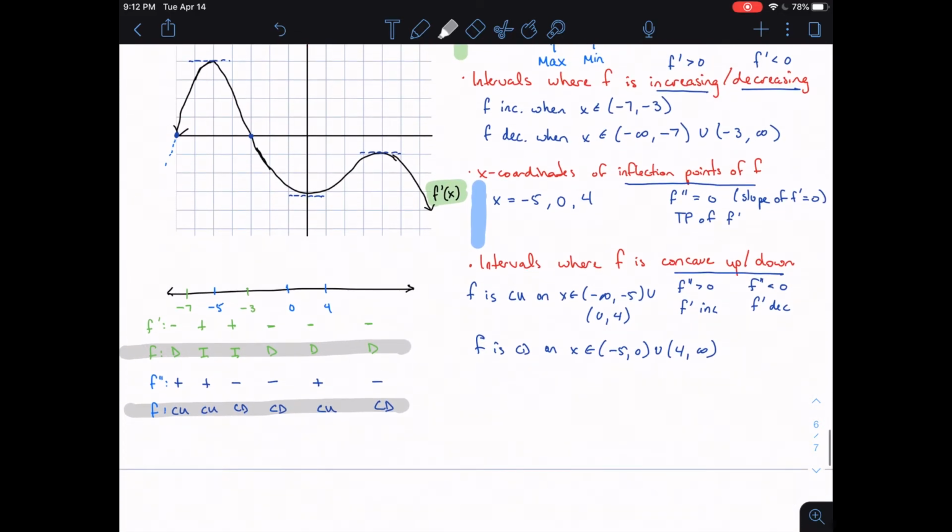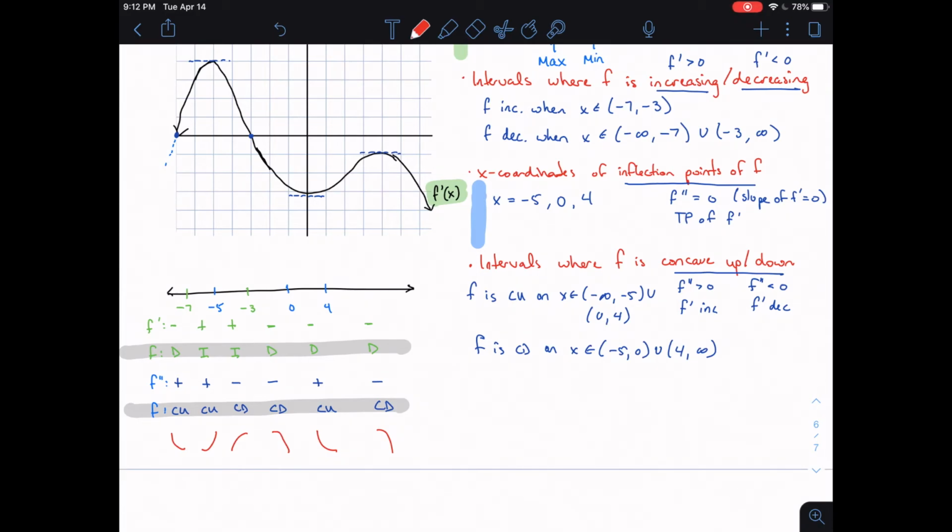So let's convert these into some symbols. Decreasing concave up is going to look like this. Increasing concave up is going to look like that. Increasing concave down, decreasing concave down, decreasing concave up, decreasing concave down. So I have this.